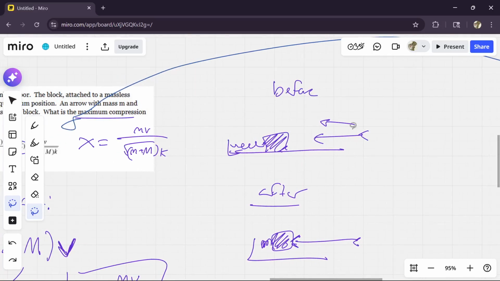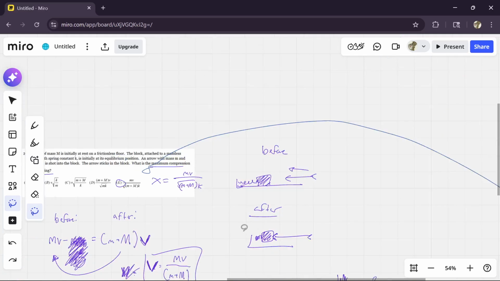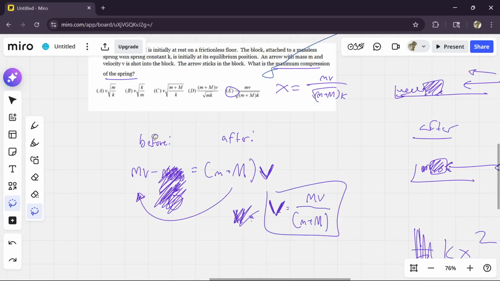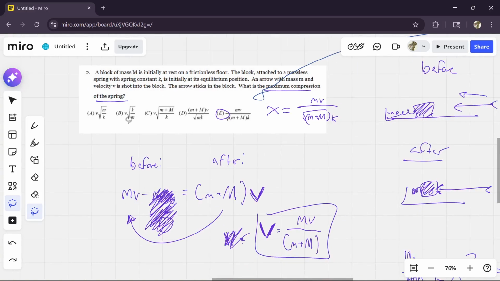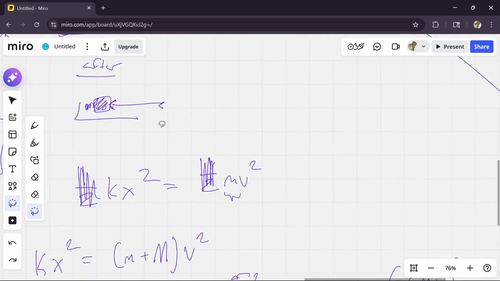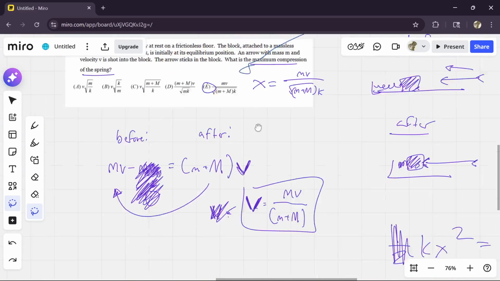It's simply just changing location. It's changing from the kinetic energy in the arrow to the elastic energy in the spring. So by setting these two equal to each other, we are able to solve for the overall velocity. Because we don't know what the velocity is. It doesn't even really mention that, except it has velocity v. We don't know what that means, so we can't really plug anything into this formula.